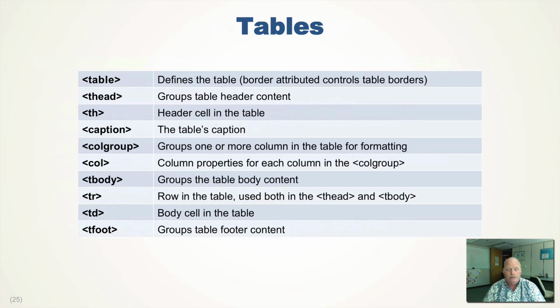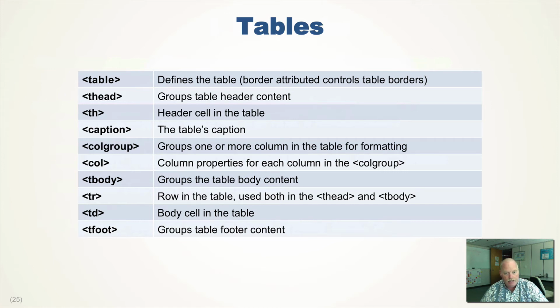Tables. Tables define the table, sort of like the table you're looking at right now. The table tag defines the table. There is a border attribute that controls whether or not you have a border around each cell. The T head is a group very much like the head.